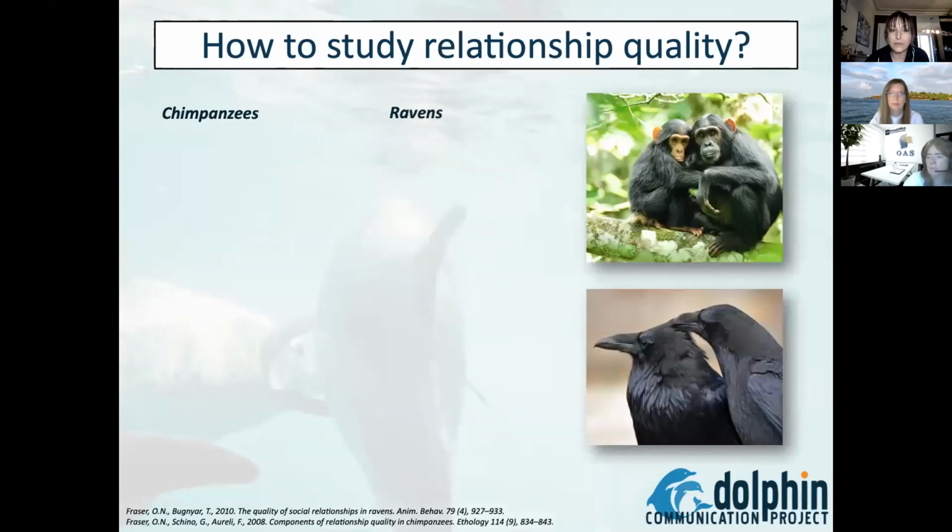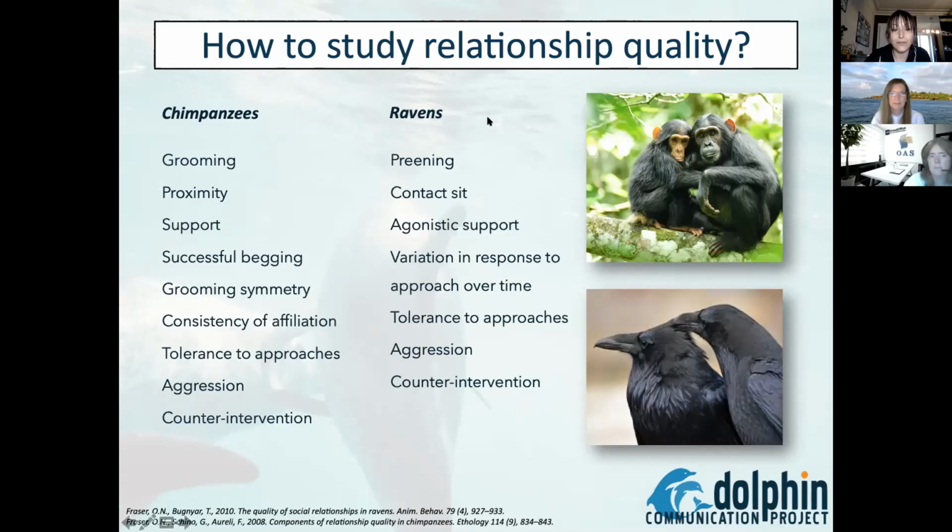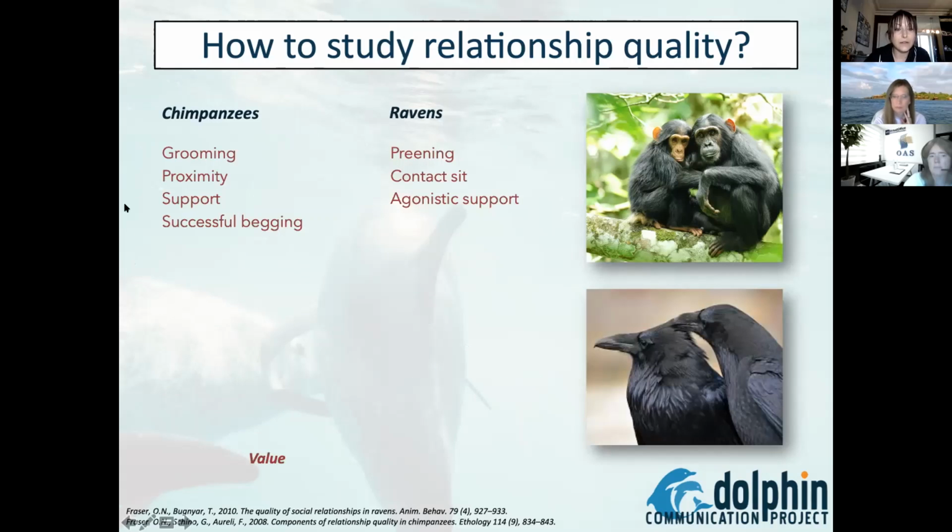As an example, this has been done with chimpanzees and baboons. So I'm not going to detail everything here. It's just to make it easier to understand what we want to do with dolphins. And so they had many behavioral variables and they tested them for the three quality components. And they managed to see that those here were grouped together, and because they were related to direct benefits from the relationship, they related those variables to the value component.